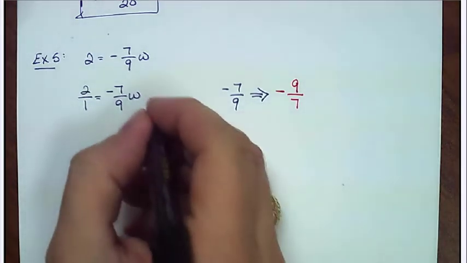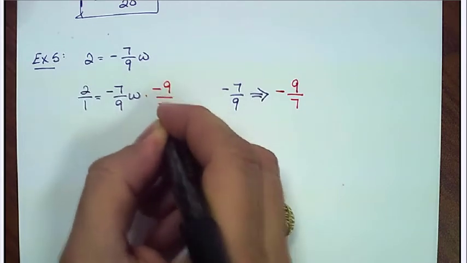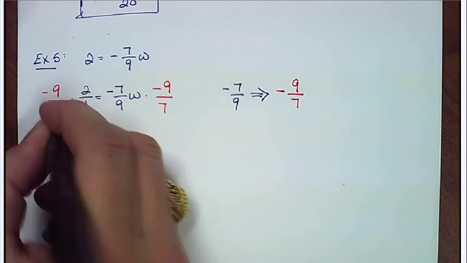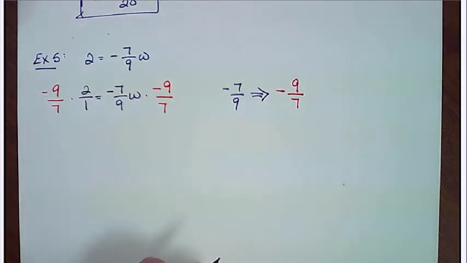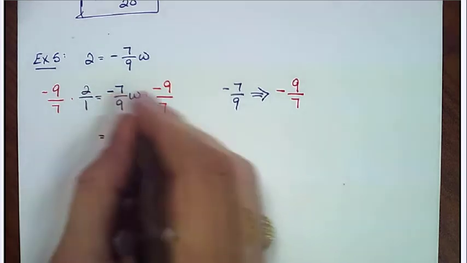Well, I'll have to multiply that to both sides. So negative 9 over 7, and again, don't panic just because it's a fraction. Multiplication is top times top, bottom times bottom. So 7 times 9 is 63. Negative times negative is positive.